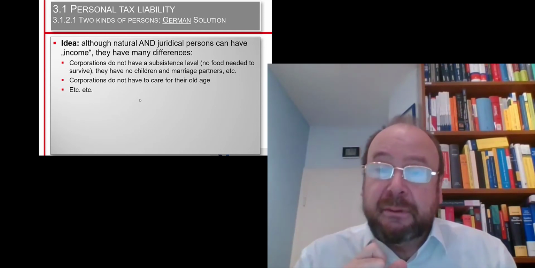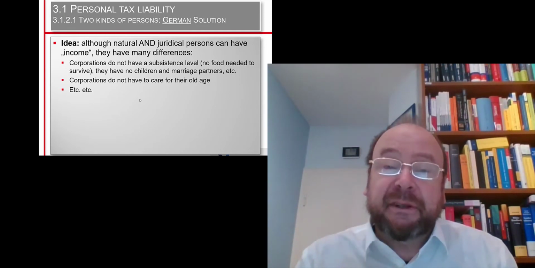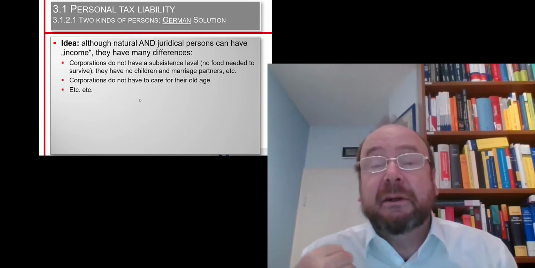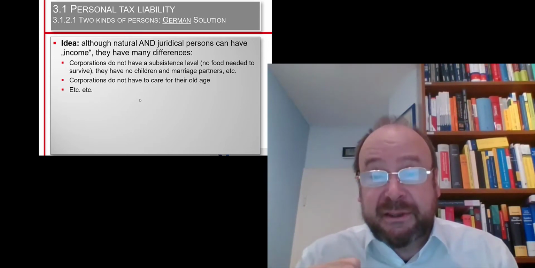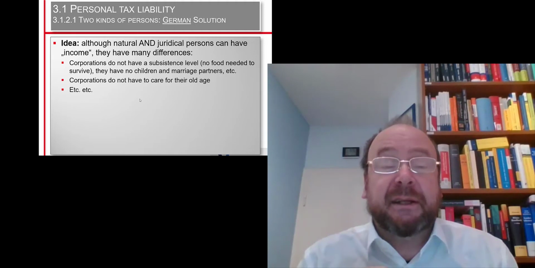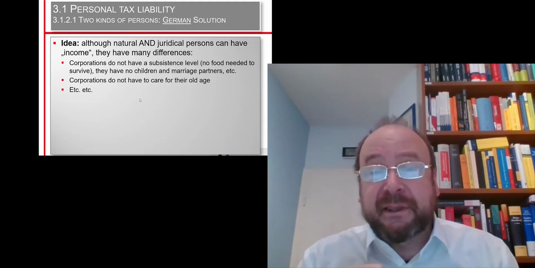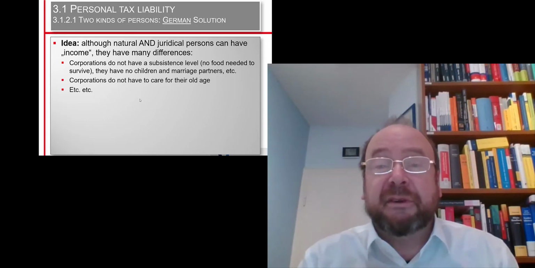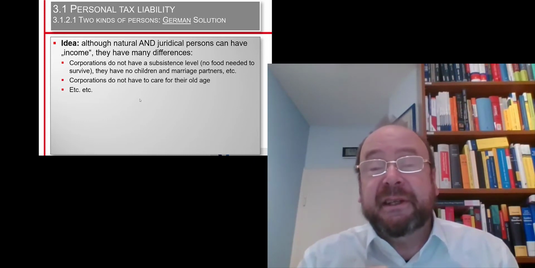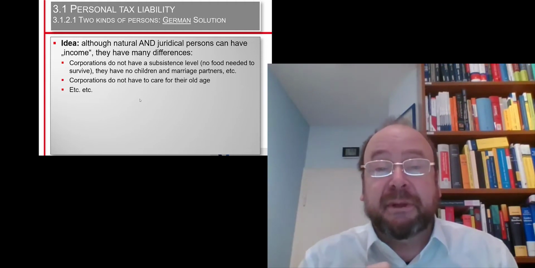Now, in principle, we want to tax income in the hands of the person who or which owns that income. And I have laid out to you last time that, for example, with natural persons, the net or subjective net income principle plays a big role.